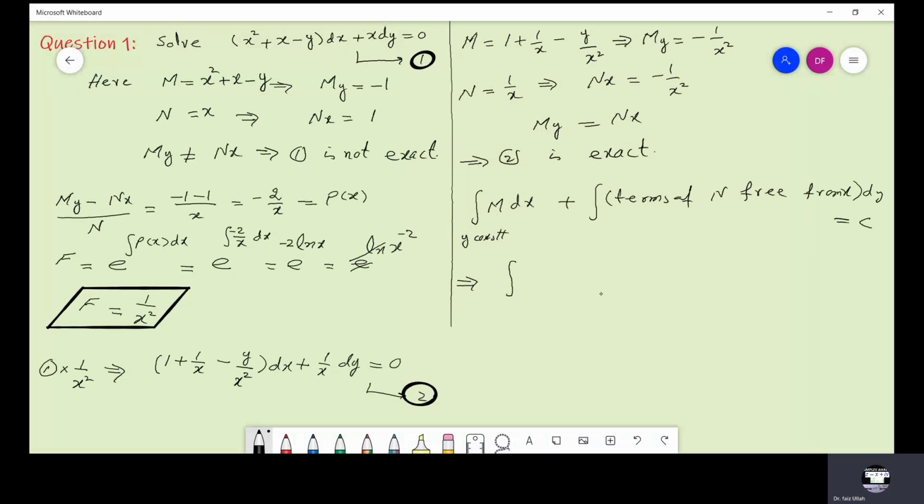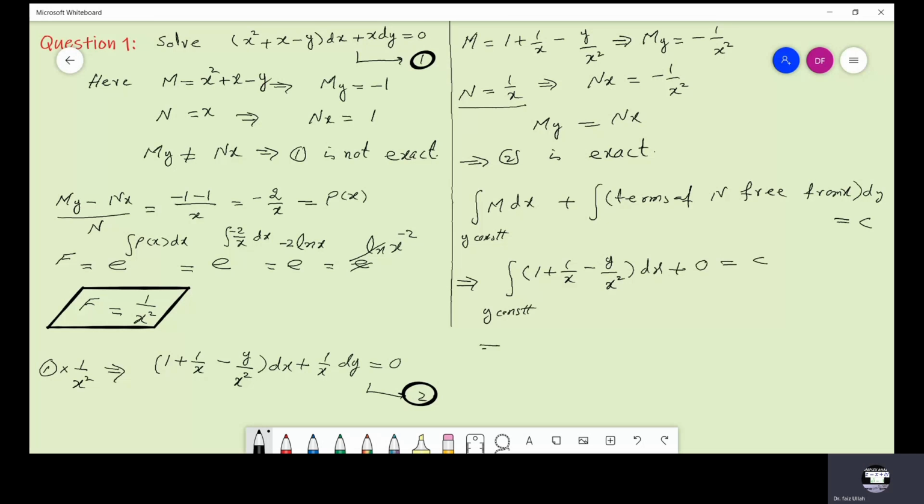The value of m here is 1 plus 1 over x minus y divided by x square dx. Here y will be considered as a constant, and plus those terms of n which are free from x. So we can see there is no term of n which is free from x. So that term is 0, equal to c.